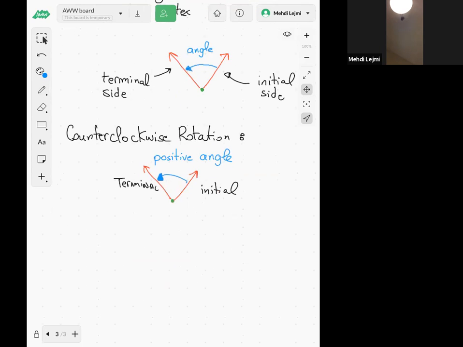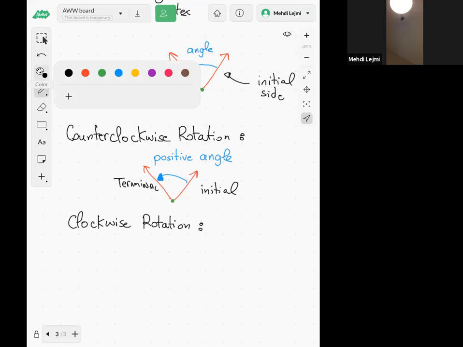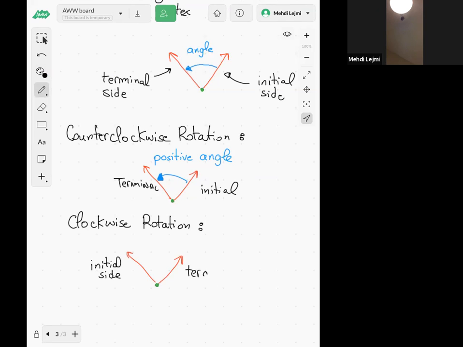So when you have clockwise, again, you have this vertex here, and you have your two sides. But now, let's say the one on the left is your initial side, and the other one on the right would be the terminal side.